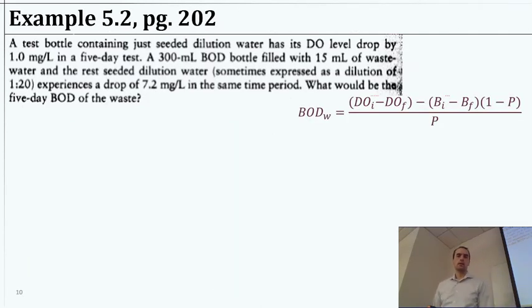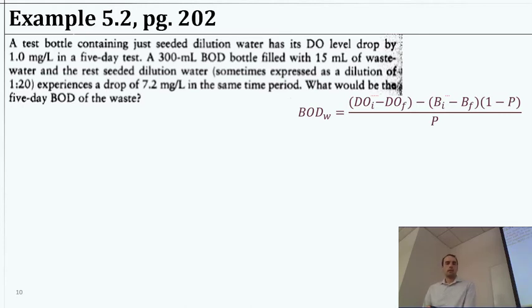With that in mind, we can do an example problem here. We have a test bottle containing just seeded dilution water, and that has a DO level drop, so dissolved oxygen level dropped by 1.0 milligrams per liter in a 5-day test.